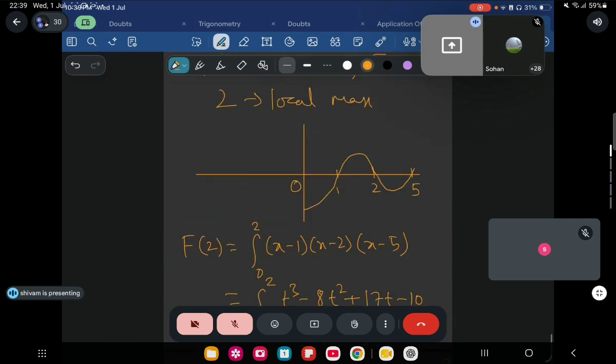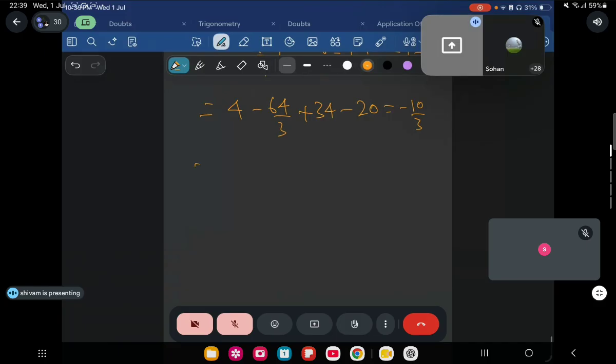Okay, so I have understood. See, this negative area plus this positive area can never be equal to 0. So if you add one more negative area, it is definitely negative, right? So this implies f of x cannot be equal to 0 in 0, comma 5.